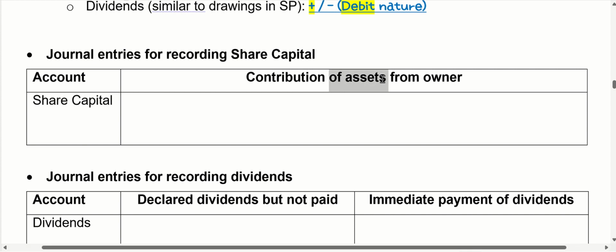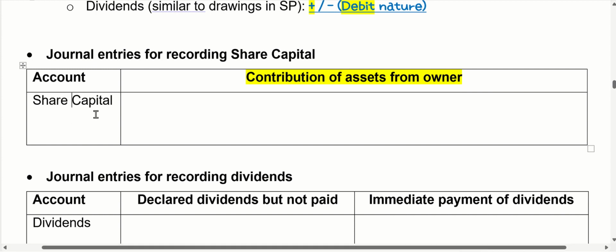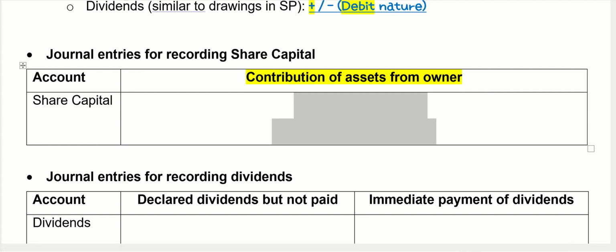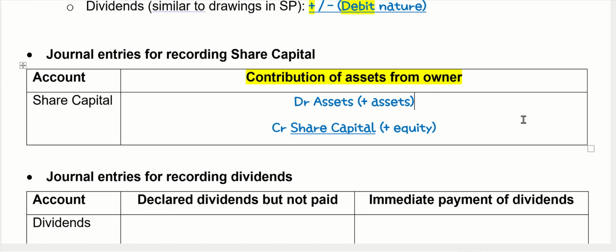So recording share capital is basically recording a contribution of assets from the owner. Very similar to capital contribution in a sole proprietorship. Therefore, whenever you want to record share capital, you debit assets and you credit share capital.